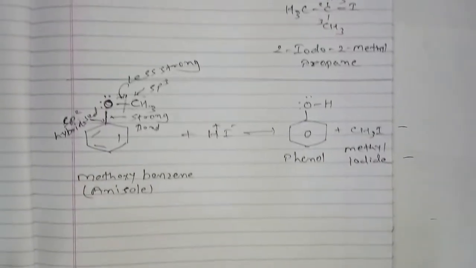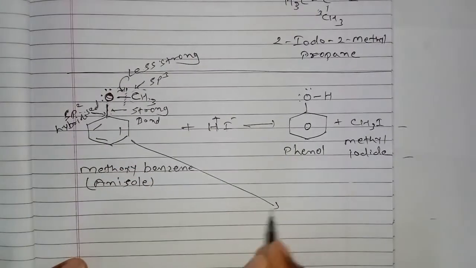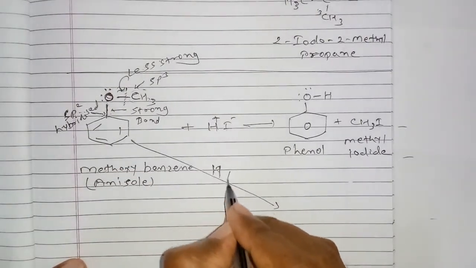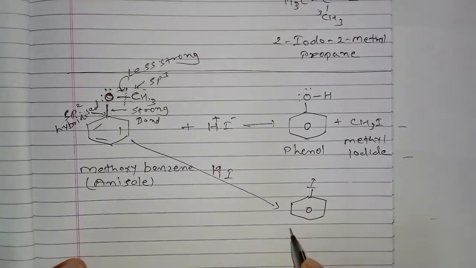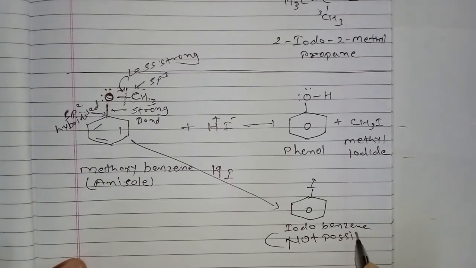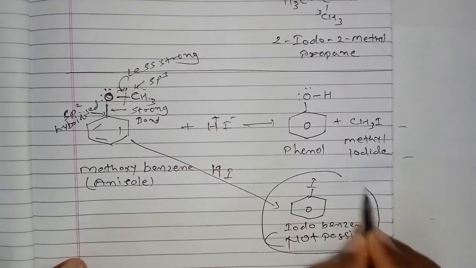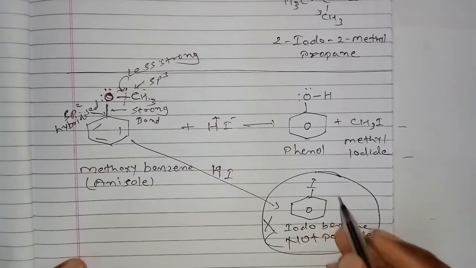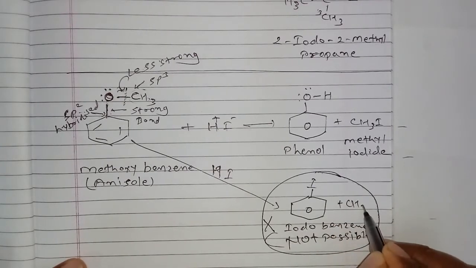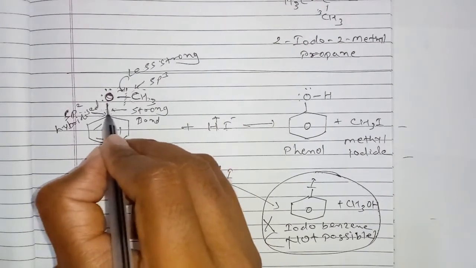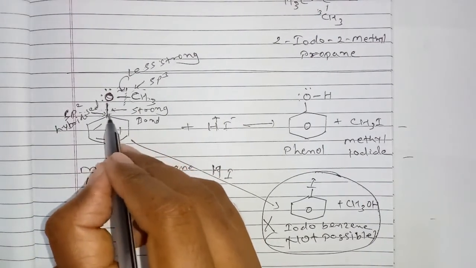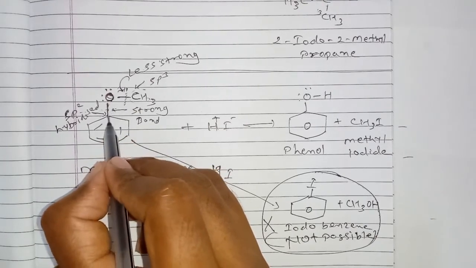And second thing, very important: if it reacts with hydroiodic acid, the formation of iodobenzene and methanol is not possible, because this bond will never break due to the strong bond between oxygen and the carbon atom.